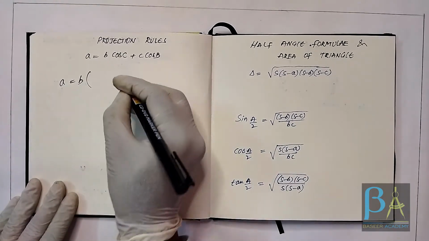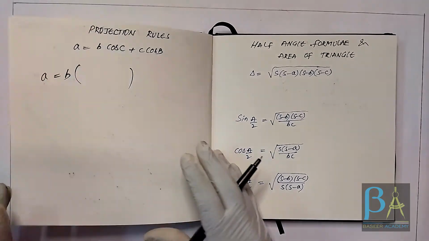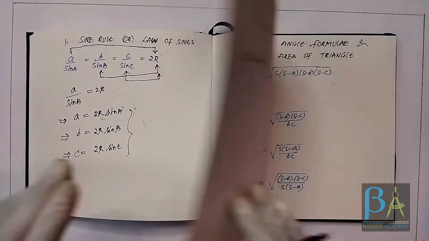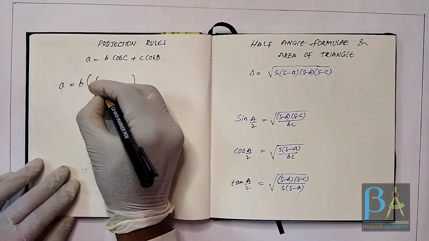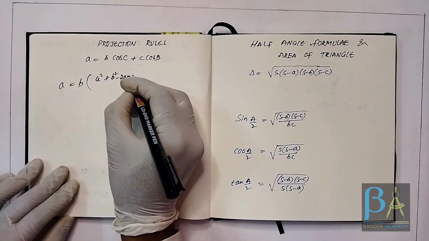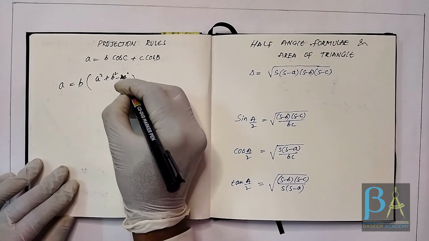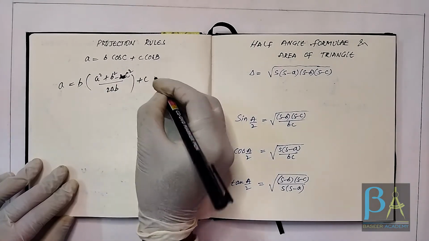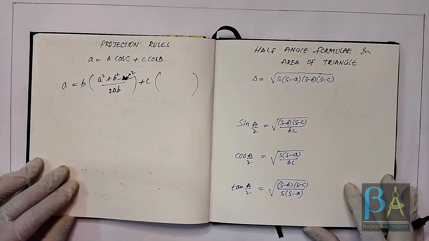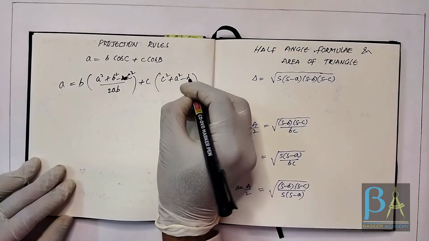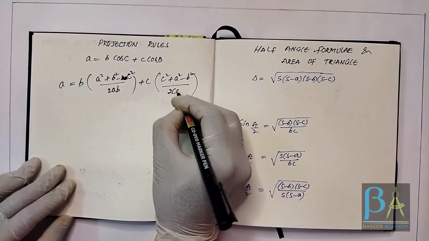Cos C from our cosine rule, cos C is A square plus B square minus C square by 2AB, isn't it? And then obviously cos B is going to be C square plus A square minus B square by 2CA.